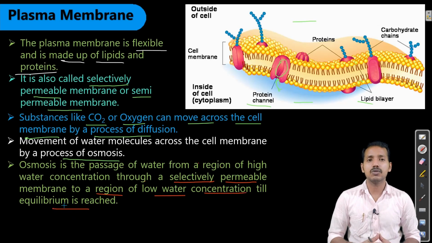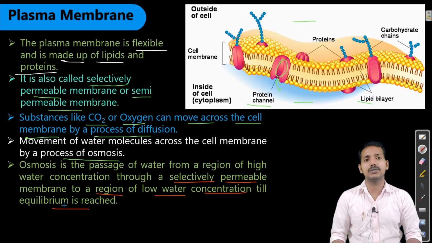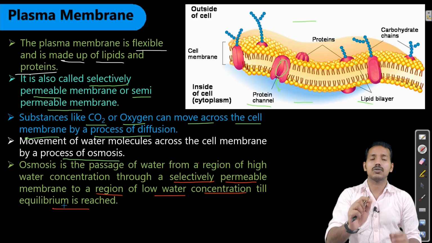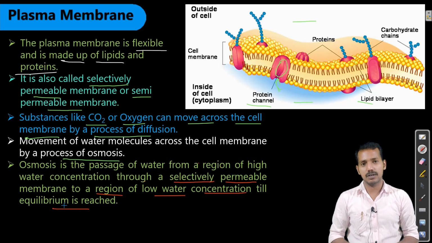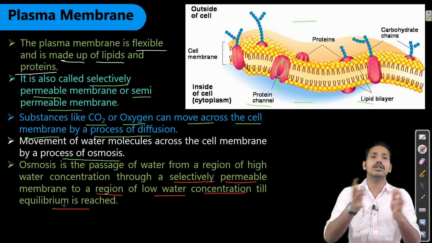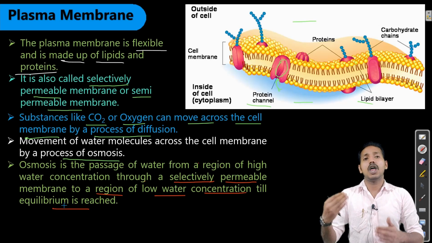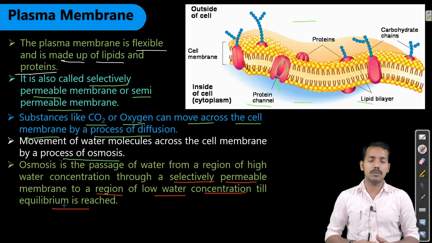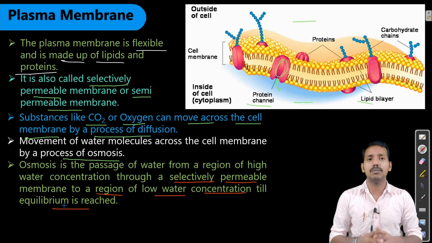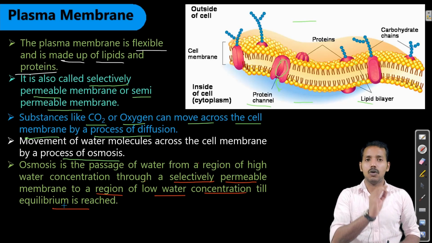That means osmosis is a special kind of diffusion in the case of water passing through a selectively permeable membrane. It is a diffusion actually, because water is moving from the region of higher concentration to the region of lower concentration through the selectively permeable membrane. So if water is moving through a selectively permeable membrane, then that type of diffusion is termed as osmosis.